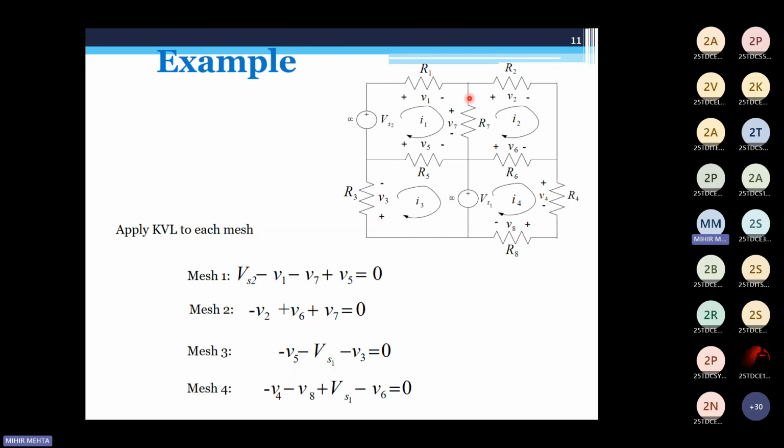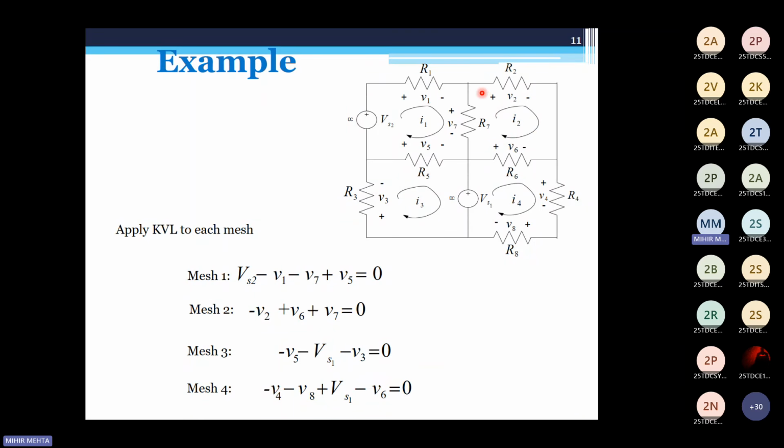Similarly, talking about the second mesh, starting from this point and moving across your R2. The current in R2, if you see the V2 positive and the negative is given to you, so the direction of the current would be from left to right in R2, which is also the direction of the mesh current I2.